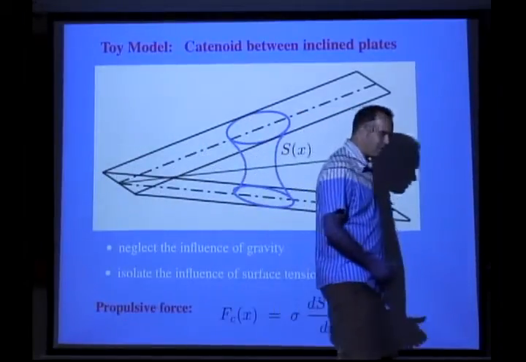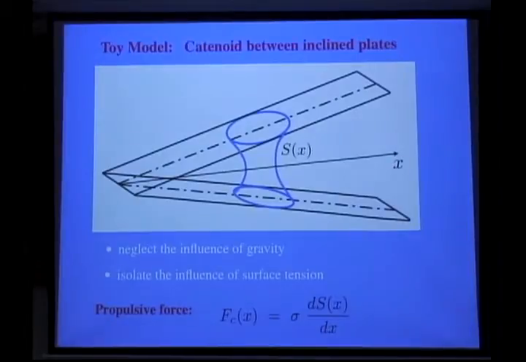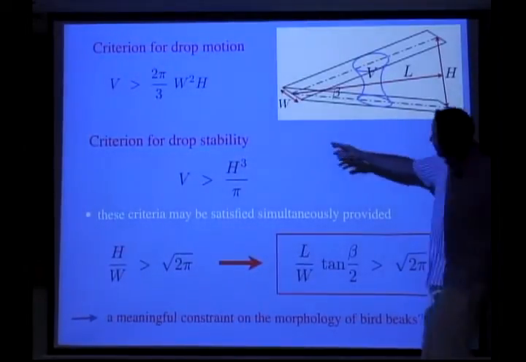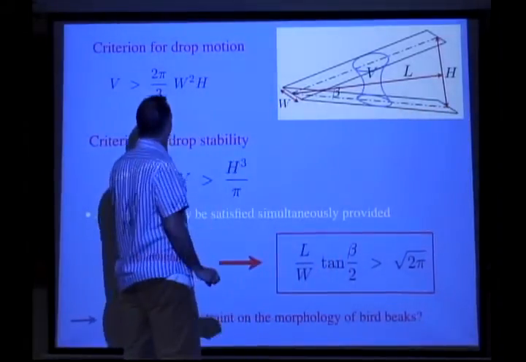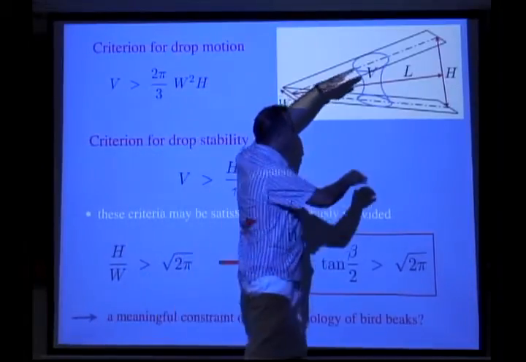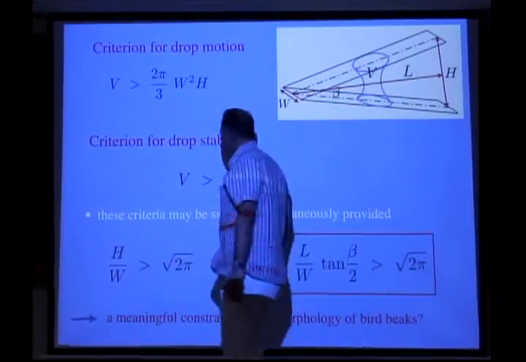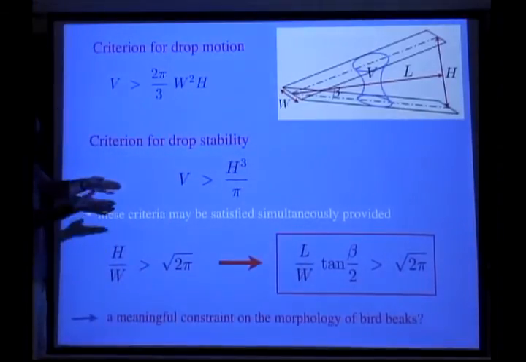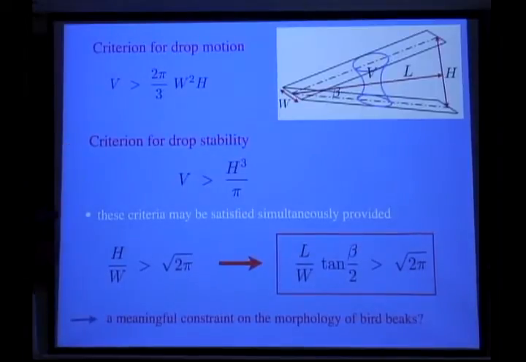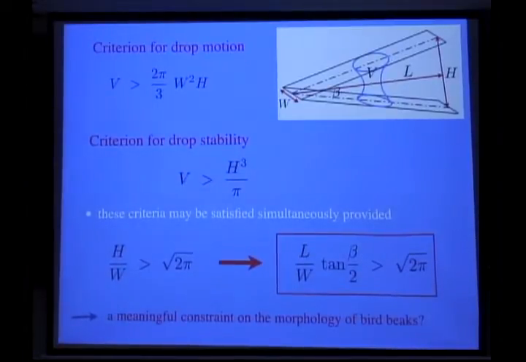That's a problem that one can solve. If you solve that, you get this criterion for drop motion in terms of the geometry of the plate, W being the thickness, H being the opening angle. And you have an additional requirement for drop stability. If the plates are too far apart, then the drop will break. If you consider these two taken together, then you have this criterion for spontaneous drop motion.